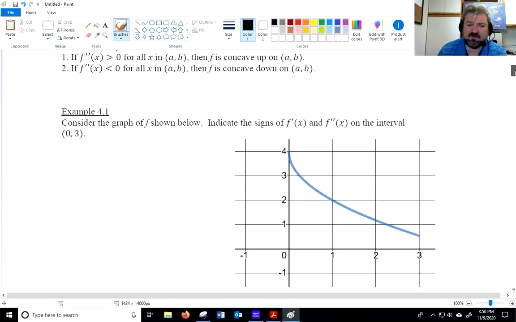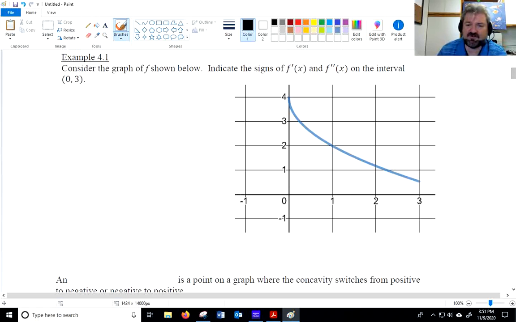All right, let's take a look at one. So consider the graph of f shown below. Indicate the signs of f prime and f double prime on the interval from 0 to 3. Because f is decreasing, we know that f prime of x must be less than 0 on the interval from 0 to 3.